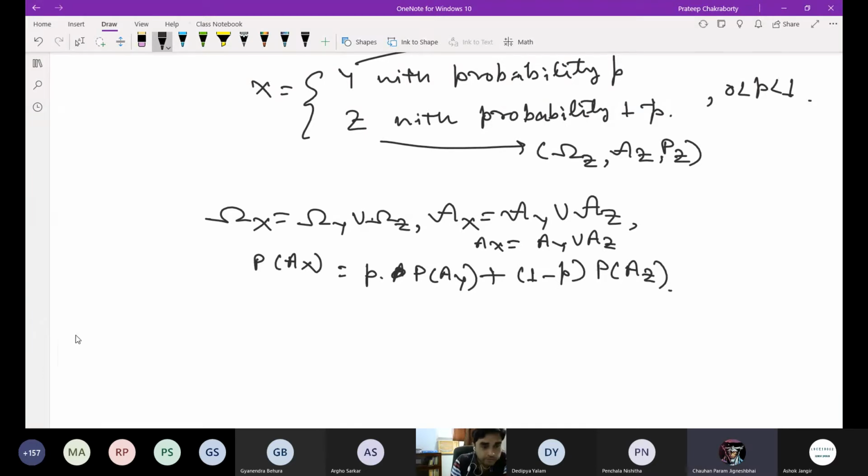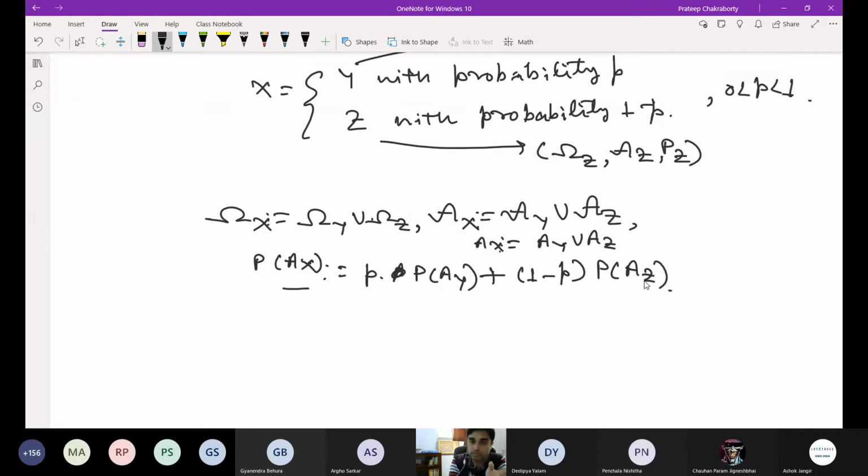Student: Sir, we are using plus because they are disjoint, right? Yes, we consider this as disjoint. So this is our definition. The sample space is the sample space of this and the sample space of that, and the events are this union that. So any event is this union that. This is our definition of the probability of a particular event of the mixed random variable X: p times this plus 1 minus p times that.